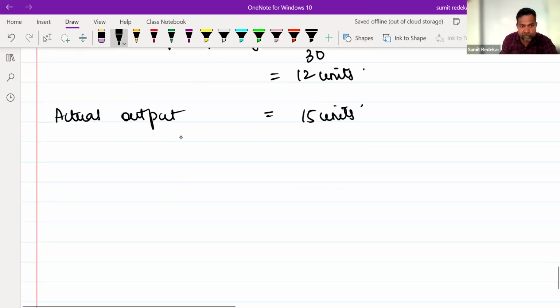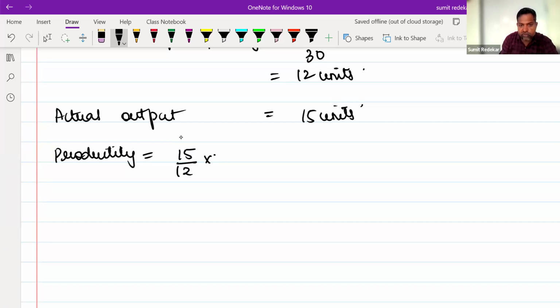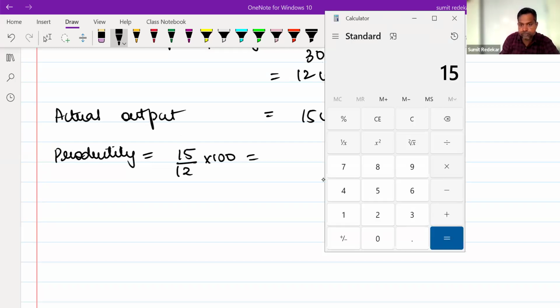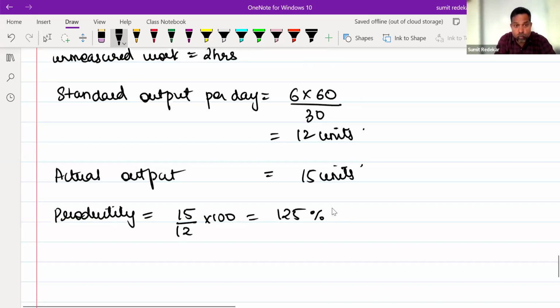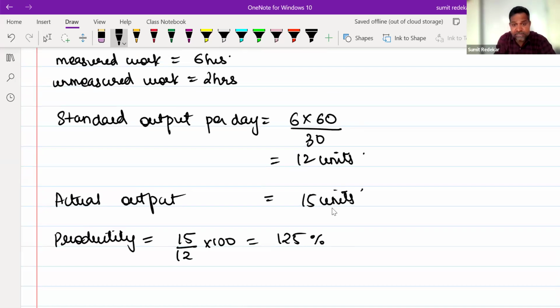So we will find the productivity, which is equal to 15 units out of 12 into 100. How productive is he? He is 125% productive, which means I need to pay this particular worker 25% more.